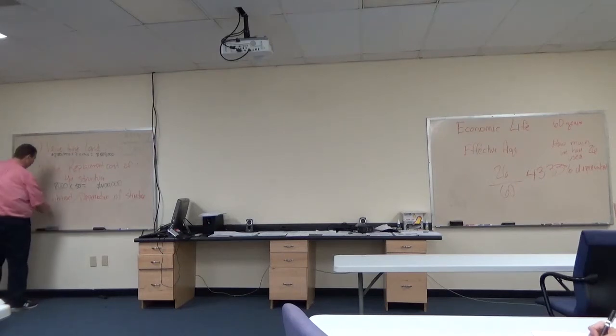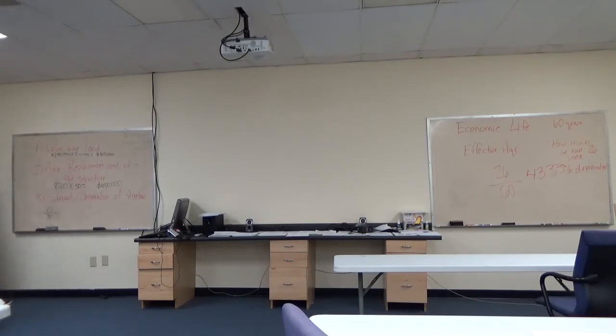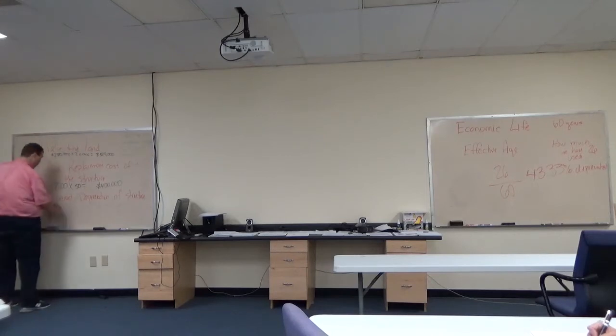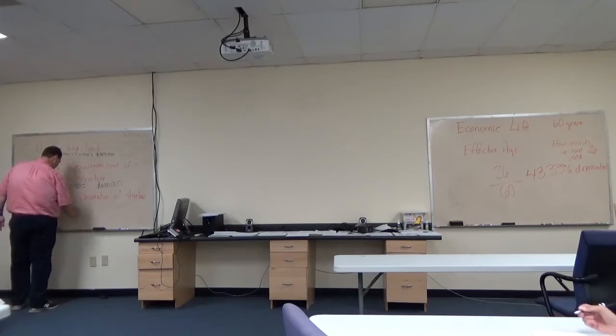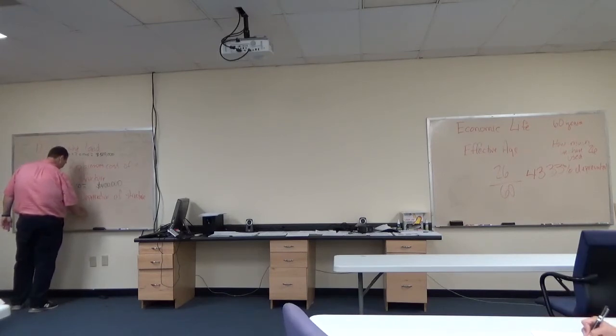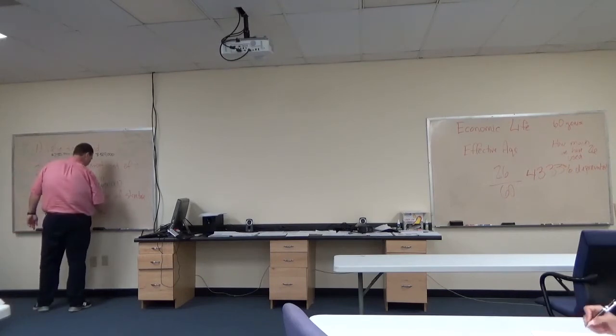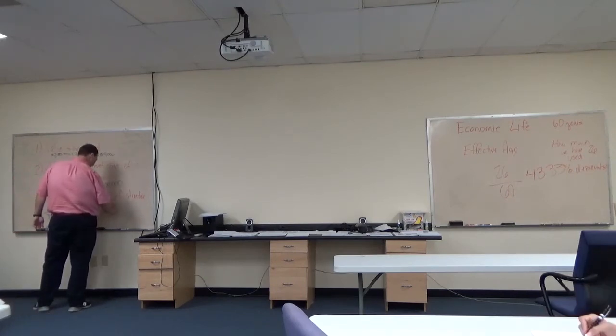So that's going to be 22 divided by 70. What percent depreciated is that property? 31.4%. 31.4% of what? Of $400,000. And what is that number? $125,600.